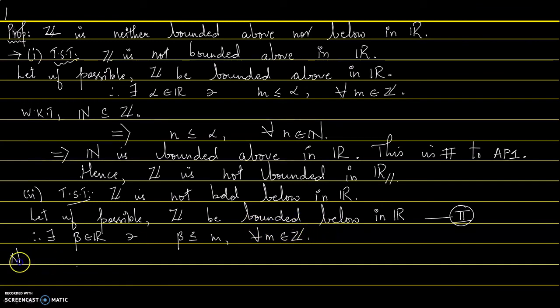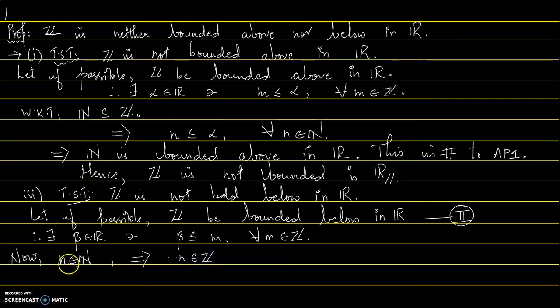Now if I take any natural number n, then its negative will always be an integer, no matter what that natural number n is.